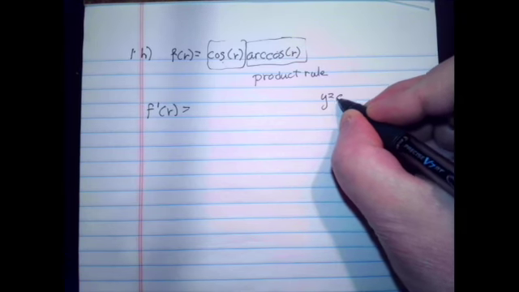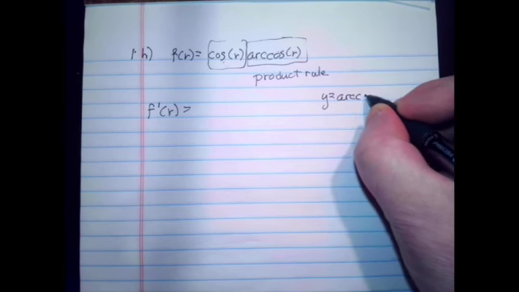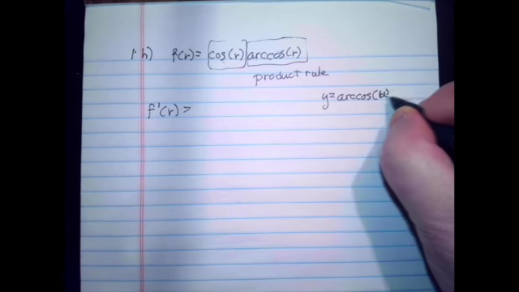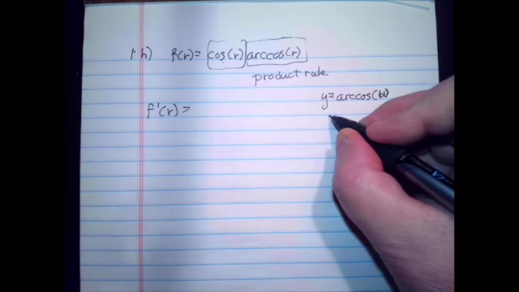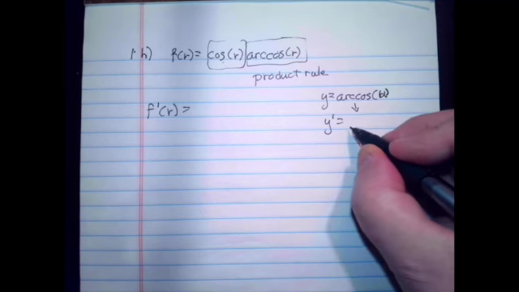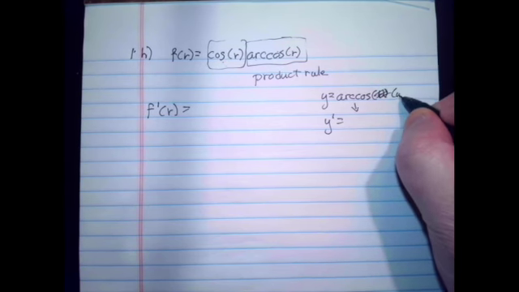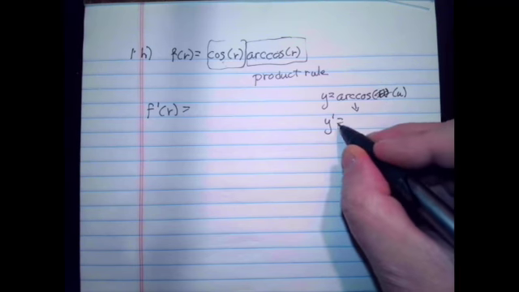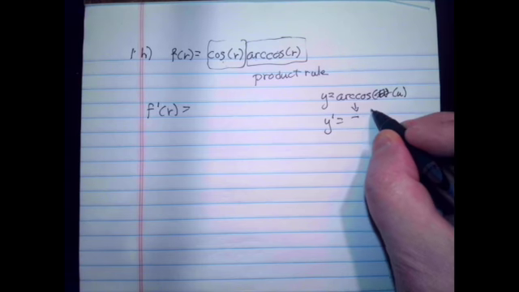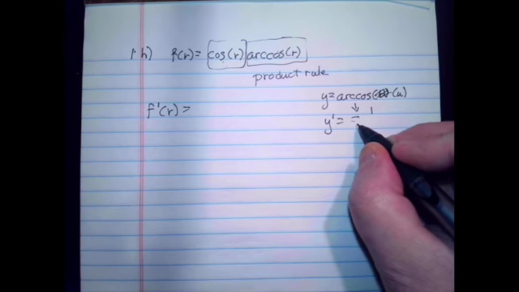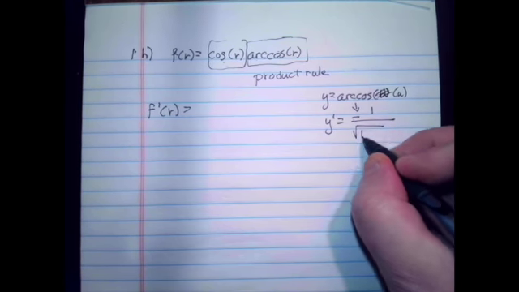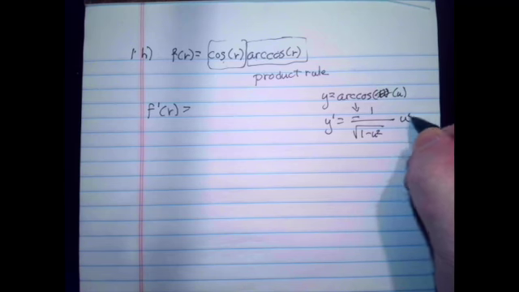If y equals the arc cosine, the inverse cosine, of, say, u, then y prime is the negative of the derivative of the arc sine function. So we'll have negative 1 over the square root of 1 minus u squared times u prime.